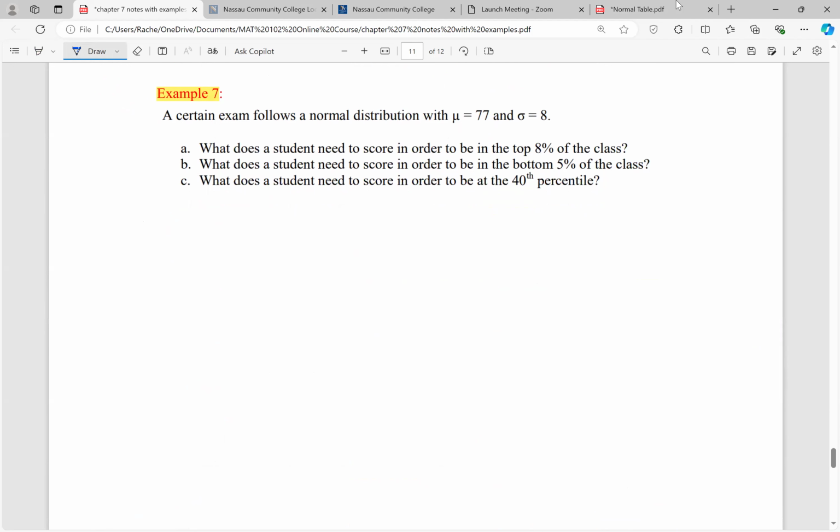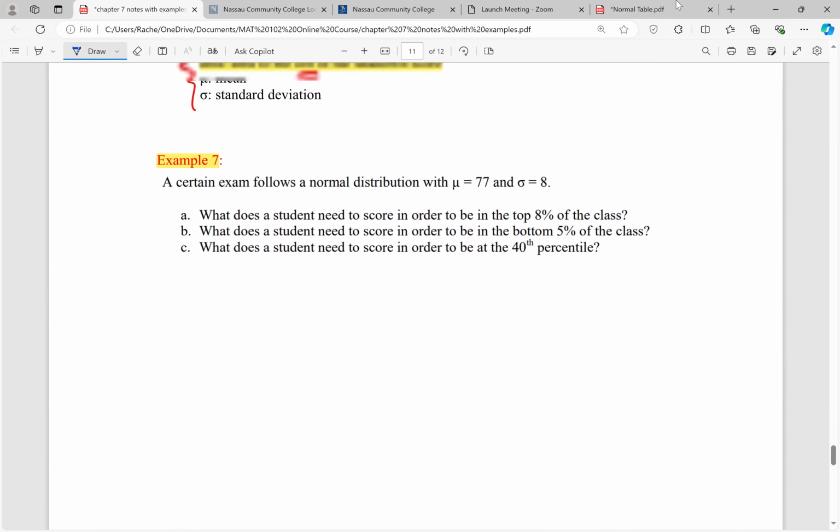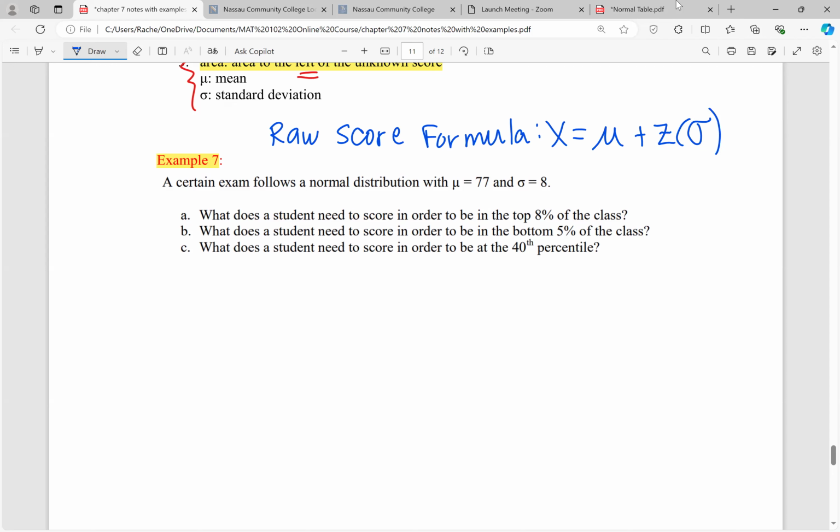It's just we didn't have to find the z-score first. It was already given to you. So now we're just going to take this a step further. So let's just write down the raw score formula. So remember, x is equal to the mean plus the z-score times the standard deviation.